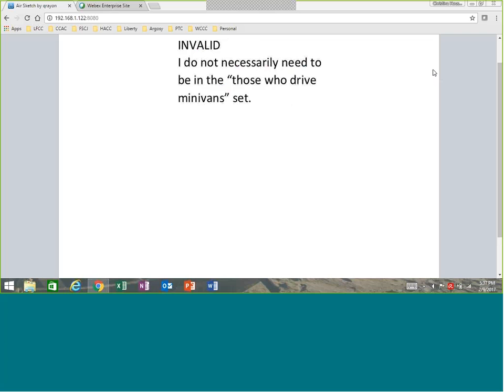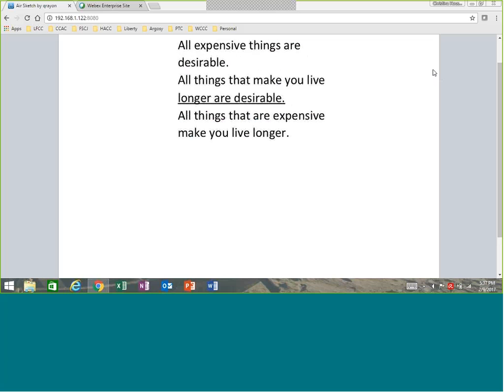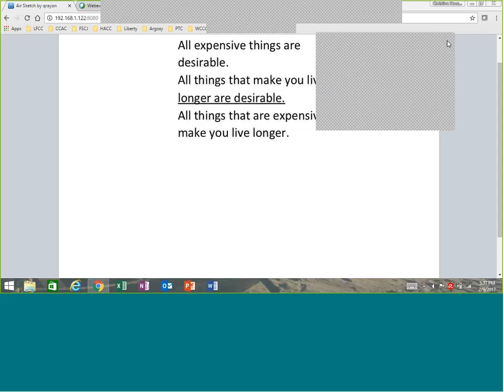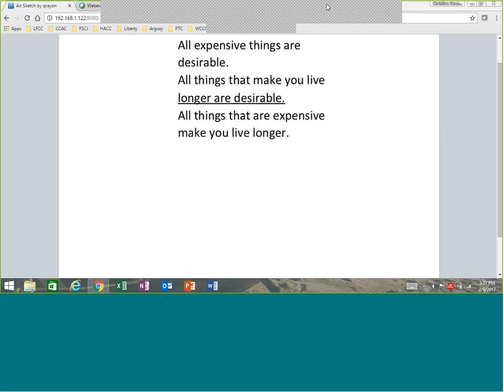Okay, let's try another one. All expensive things are desirable. All things that make you live longer are desirable. All things that are expensive make you live longer. Let's see here with this one.